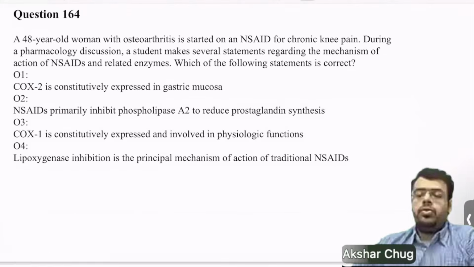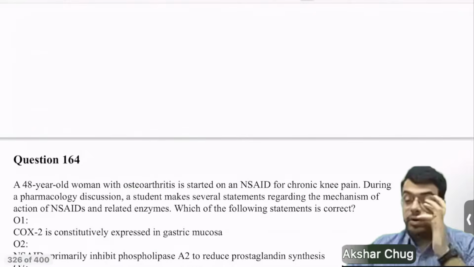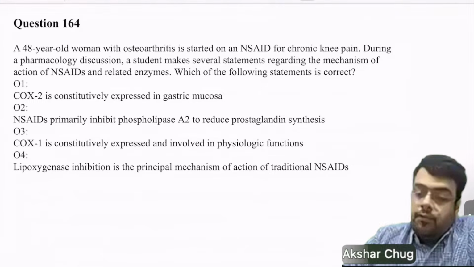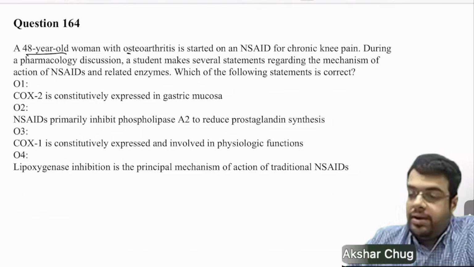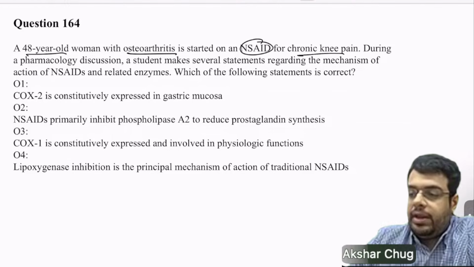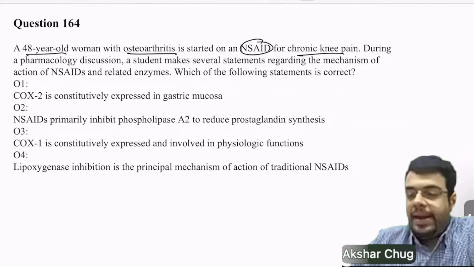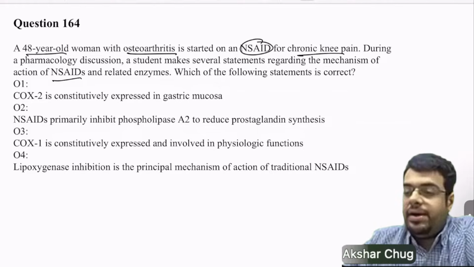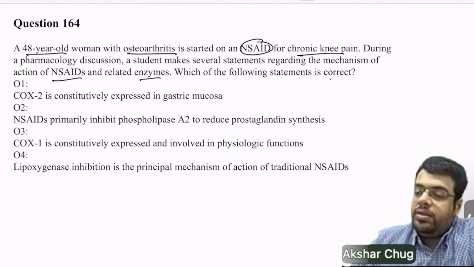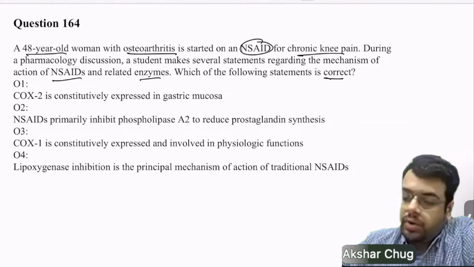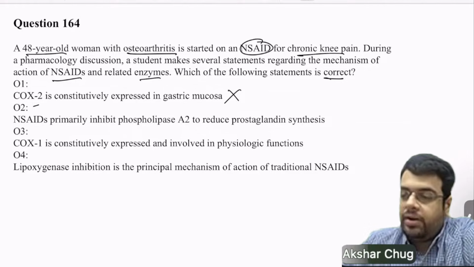Coming on to question 164. A 48-year-old woman with osteoarthritis is started on NSAID for chronic knee pain. During pharmacology discussion, a student makes several statements regarding the mechanism of action of NSAID and related enzymes. Which of the following is correct? COX-2 is constitutively expressed on gastric mucosa. That's incorrect, COX-1 is. NSAID primarily inhibits phospholipase A2 and reduces prostaglandin synthesis.